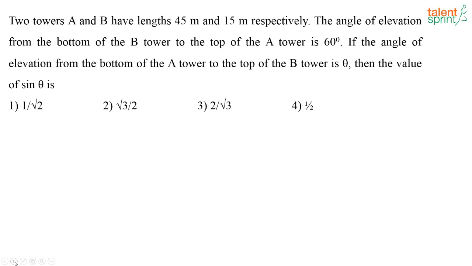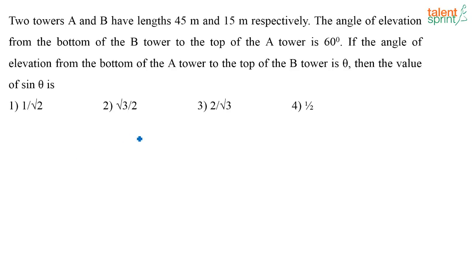Okay, let's try it out. Two towers A and B have lengths 45 meters and 15 meters respectively. The angle of elevation from the bottom of the B tower to the top of the A tower is 60 degree. If the angle of elevation from the bottom of the A tower to the top of the B tower is theta, then the value of sin theta is dash. So how will you approach this?